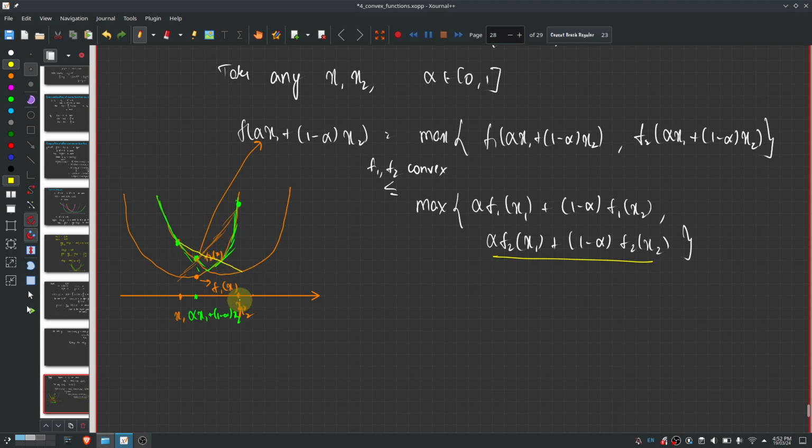So effectively, these two straight lines form an upper bound on the actual curve f of x. That's the geometric interpretation.